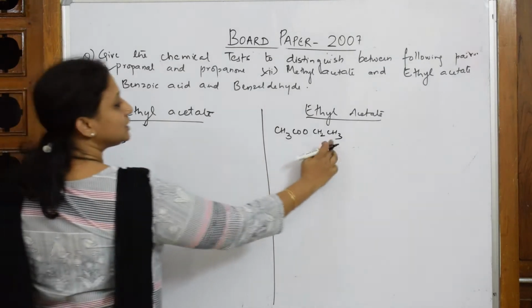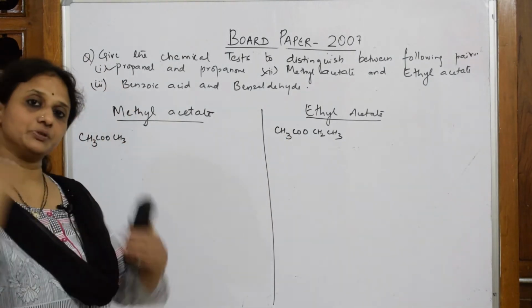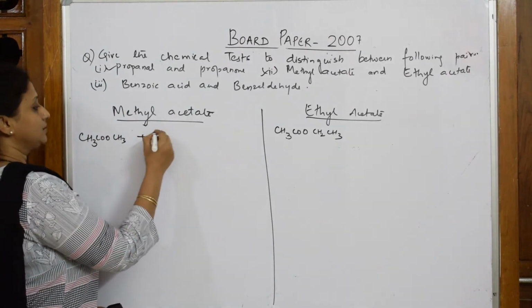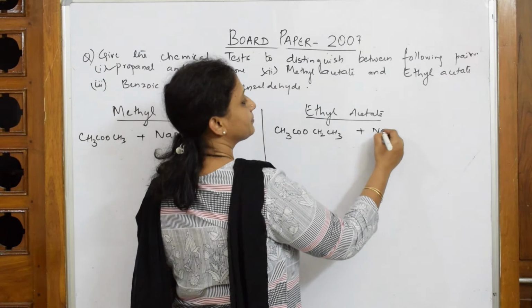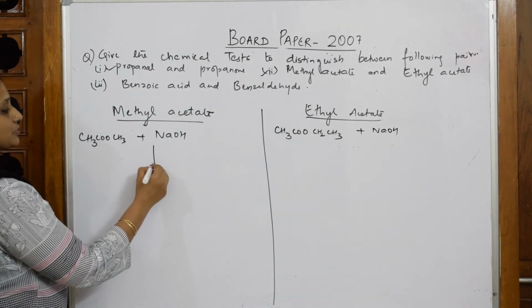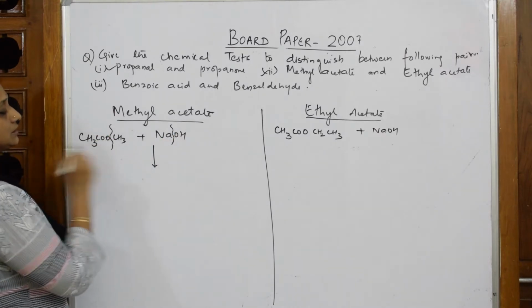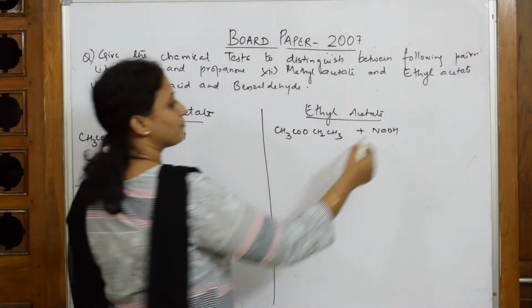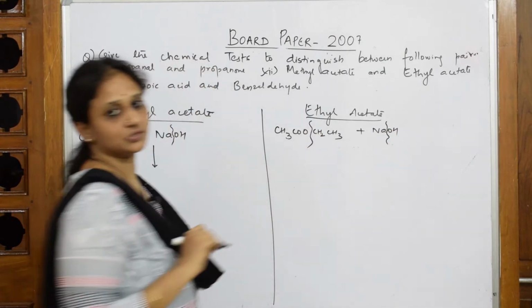Now, to distinguish between both of them, I'm going to add a base, sodium hydroxide. When I add sodium hydroxide, what products are formed? There is a cleavage of the bond here. Here also you get a cation and an anion. Here this dissociates in this way, and here also in this way.